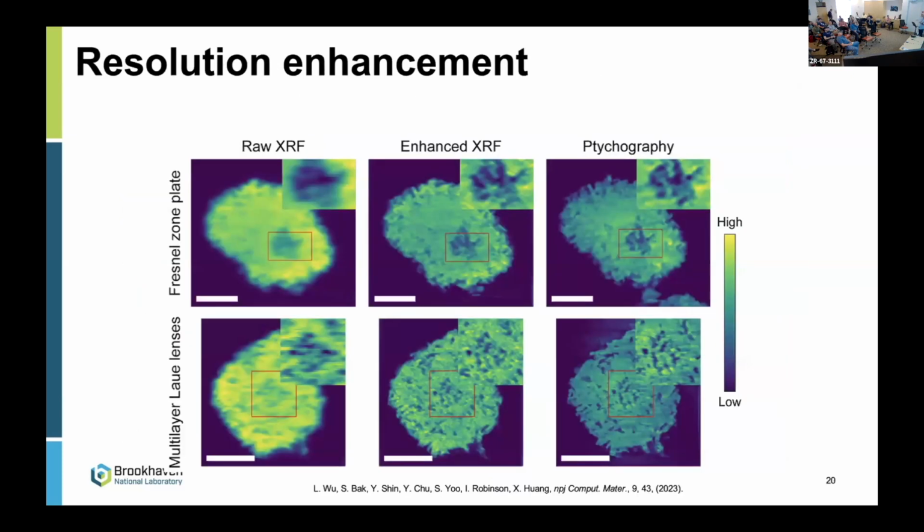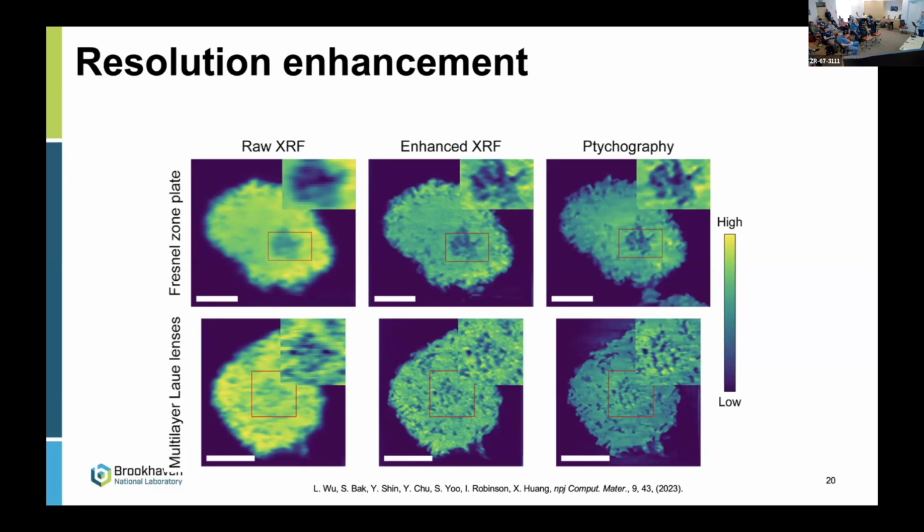Okay, and then using this trained network, we enhance the 2D fluorescence projection image first, and then we do 3D reconstruction using the enhanced images. And then we can obtain the enhanced fluorescence image with a quality improved quite a lot from the initial fluorescence image in both zone plate and multilayer Laue lens cases.